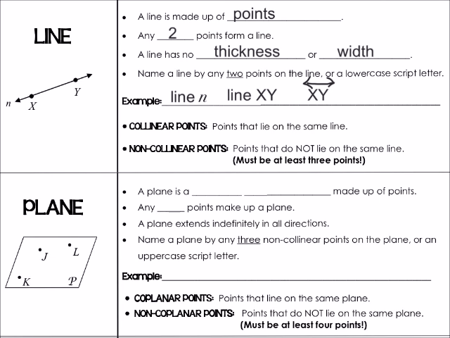X and Y are collinear because there's only 2 points and they both lie on that line. If I were to draw another point right here and call it A, that would also be collinear. But if I drew a point down here and called it Z, that point is non-collinear. So when you have more than 2 points, you can identify them as being collinear or non-collinear based on whether or not they create a straight line.